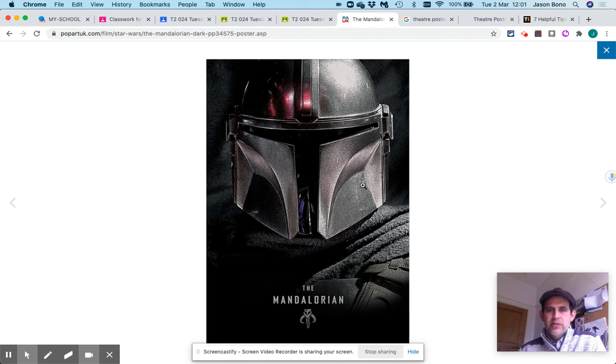There's something very dark, but then you also have almost an image of a cross on the helmet, which will make a lot of people think of religion. So, is this person good or are they evil? We have to ask ourselves, why are they hiding behind the mask? So that element of mystery might draw us into this production.